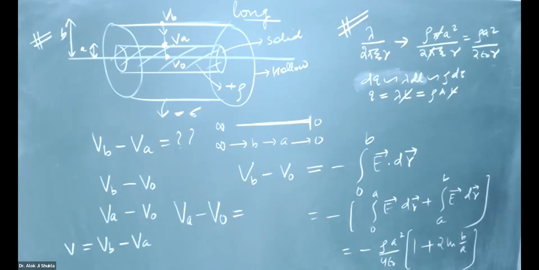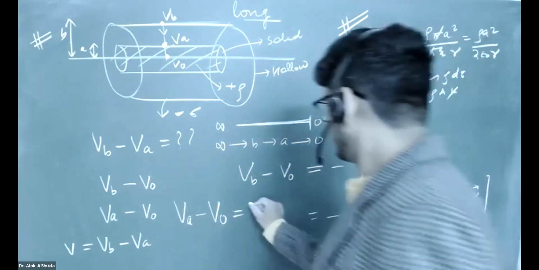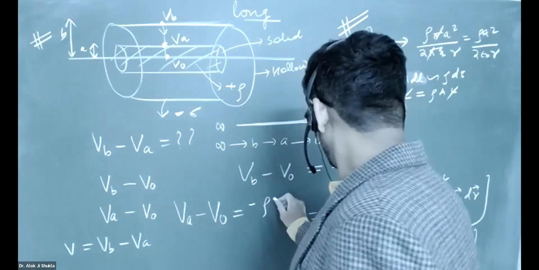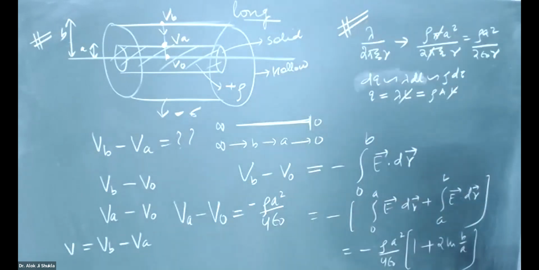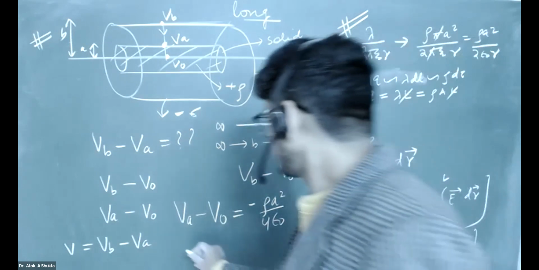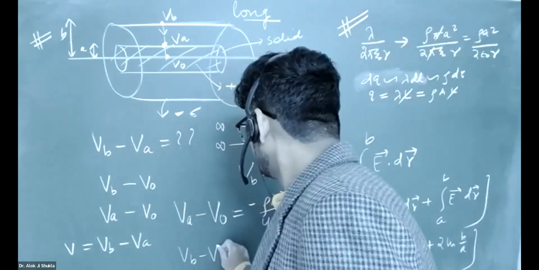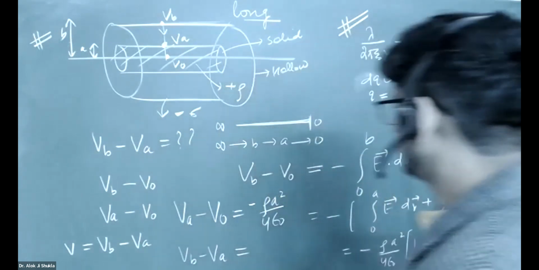Minus rho a square by 4 epsilon naught. ठीक है, तो अगर B और A के बीच का पोटेंशियल डिफरेंस देखा जाए तो कितना होगा?